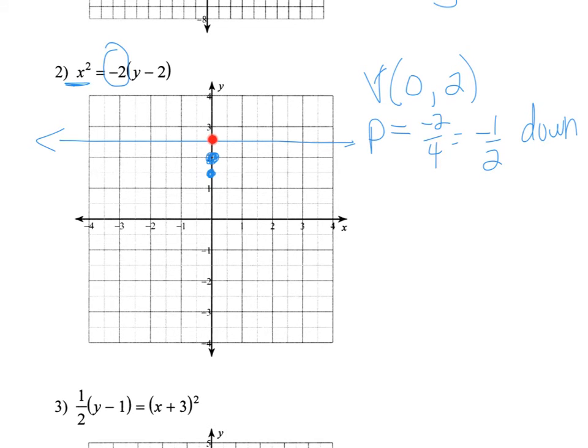This distance from the directrix to the focus is 1 whole. So from the focus to the parabola is also going to be 1. So I'm just going 1 this way, and now I have 2 points. This is a sketch. It's not beautiful, but there it is.